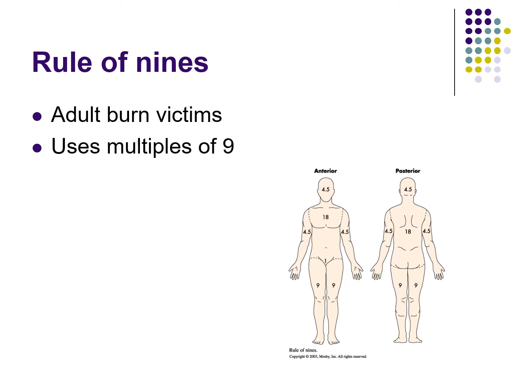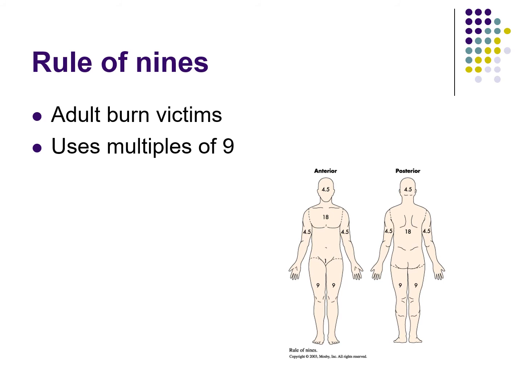In actuality, you're not going to get perfect numbers from this, but this is a way of estimating. So to make sure you understand this concept, if you look at this diagram, and say the patient's hair caught on fire and burned like the back of the head, that would be 4.5 for the back of the head. If just the front of one arm was burned, that would be 4.5.